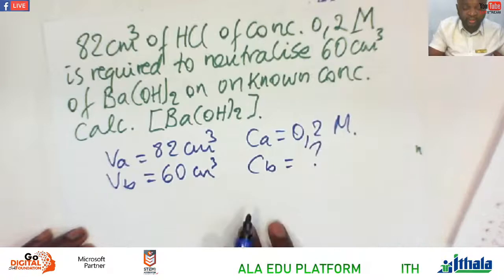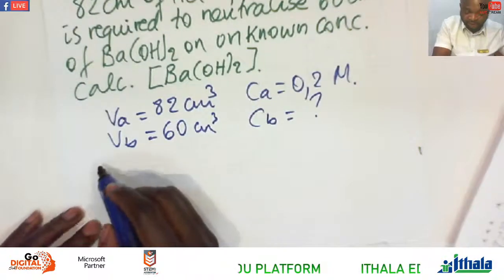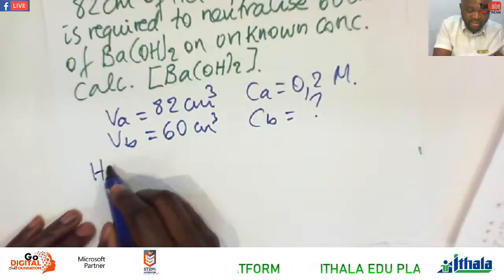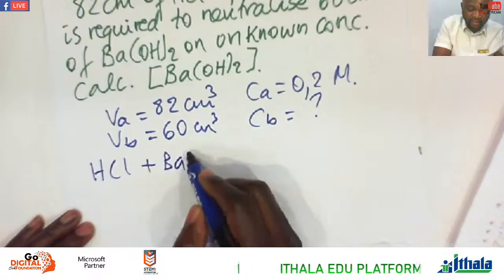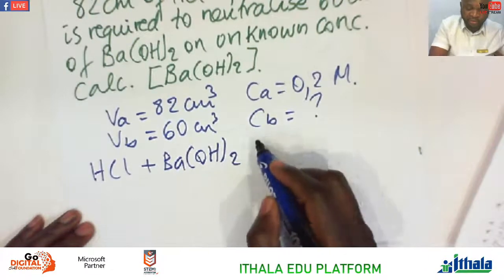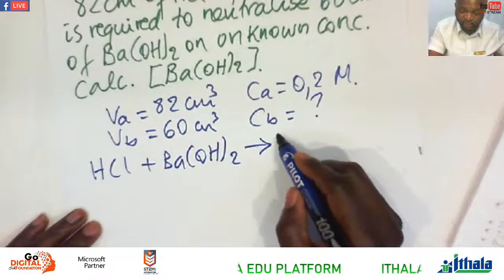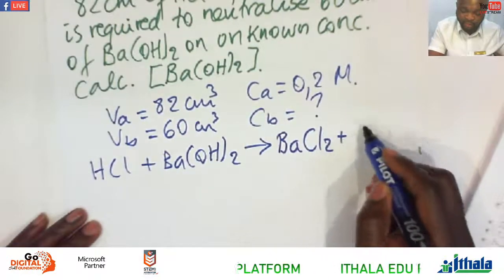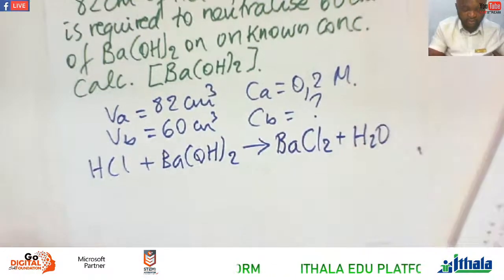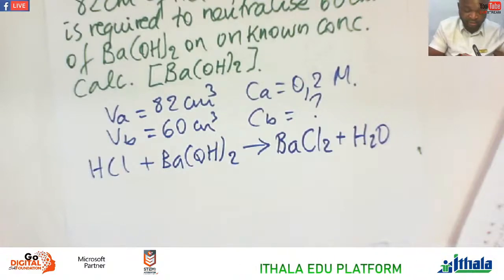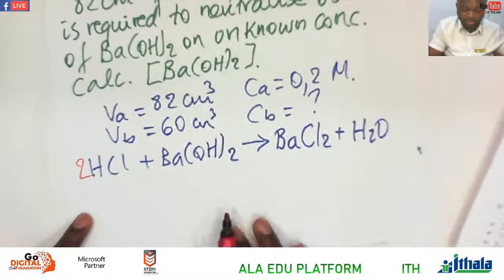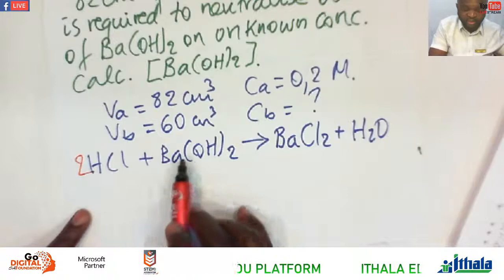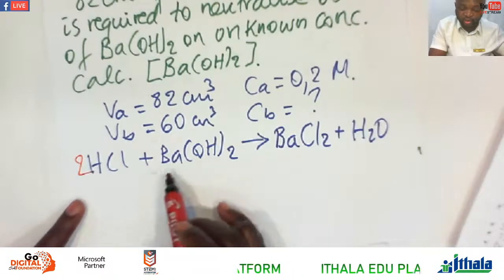So what is the main thing? The principal thing is a balanced equation. HCl reacts with barium hydroxide to give barium chloride plus H2O. We balance the equation by putting 2 here. So the ratio between HCl and barium hydroxide is 2:1.